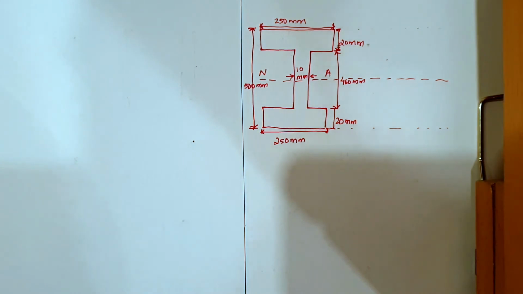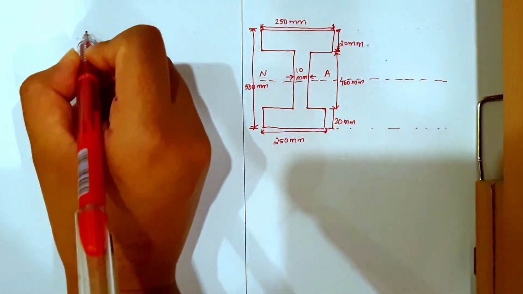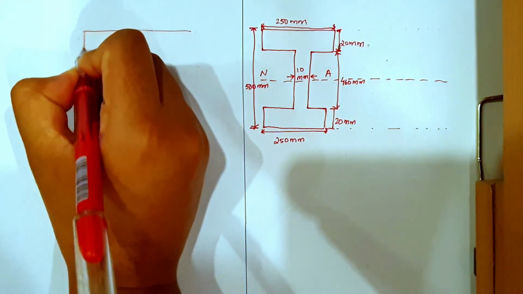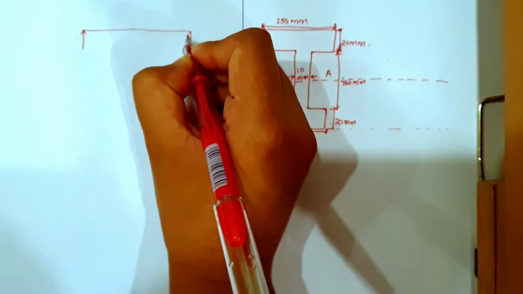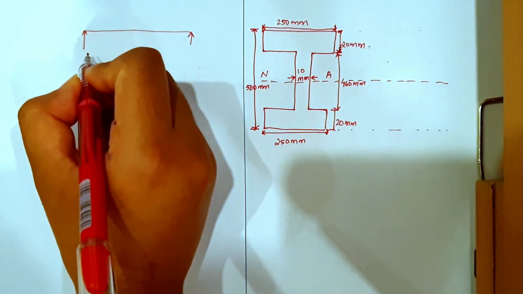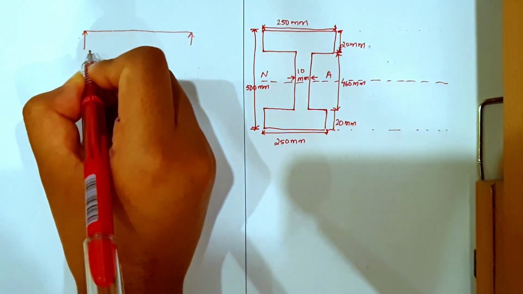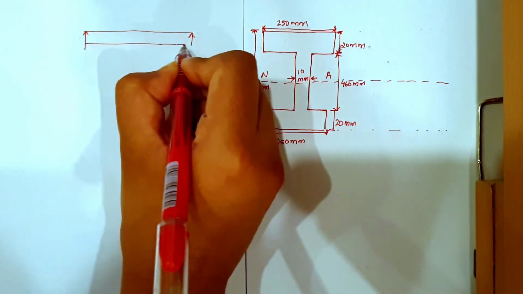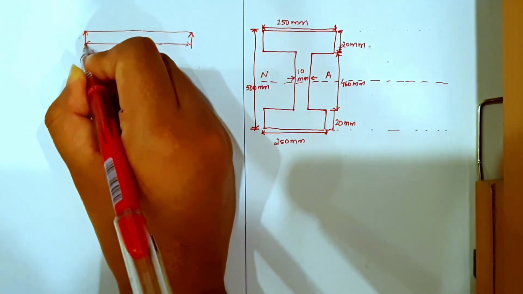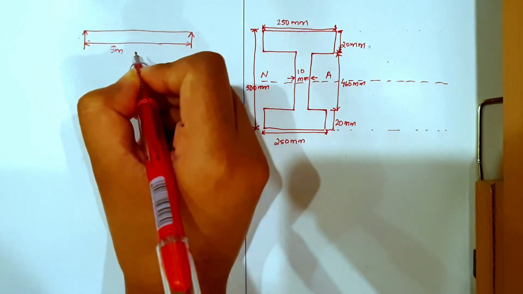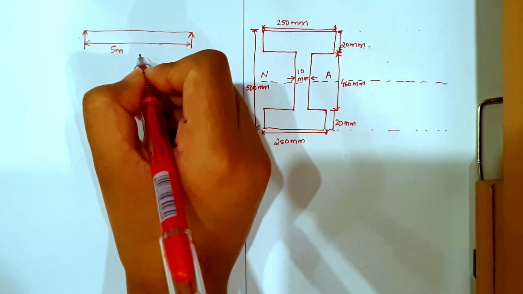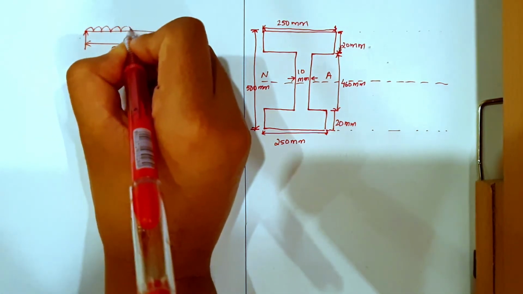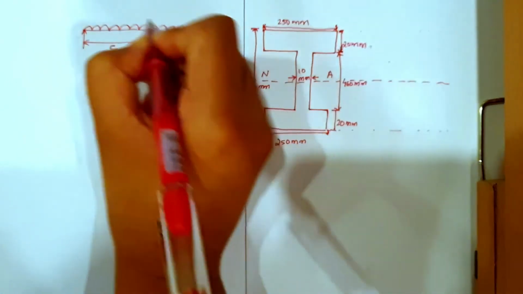So it is a simply supported beam, and the span of this beam is given equal to 5 meter, and it says it carries a UDL over its entire span, right?